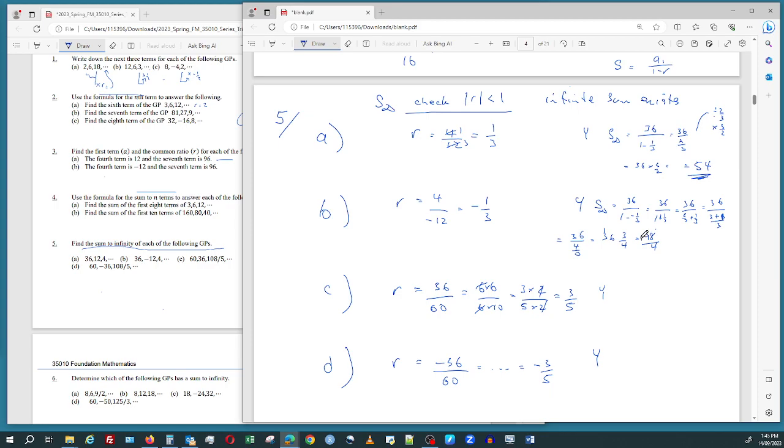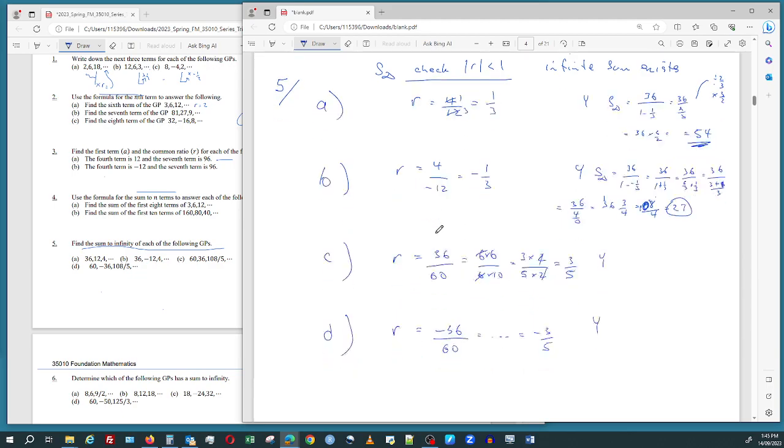Oh, 108. Dear, oh dear. Made a little mistake there, didn't I? So 4 goes into 10 twice with 2 left over. 4 7s, 28. So the infinite sum is 27. Always get there in the end, don't we?